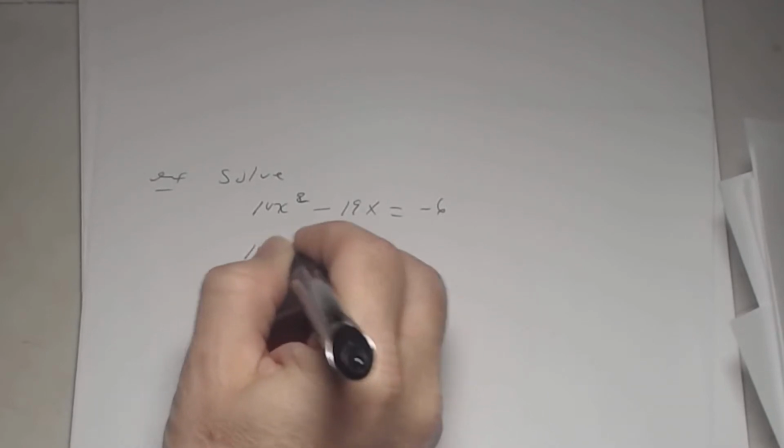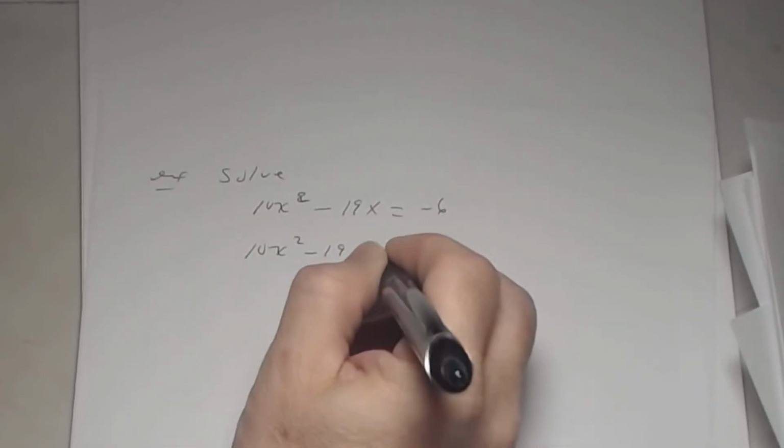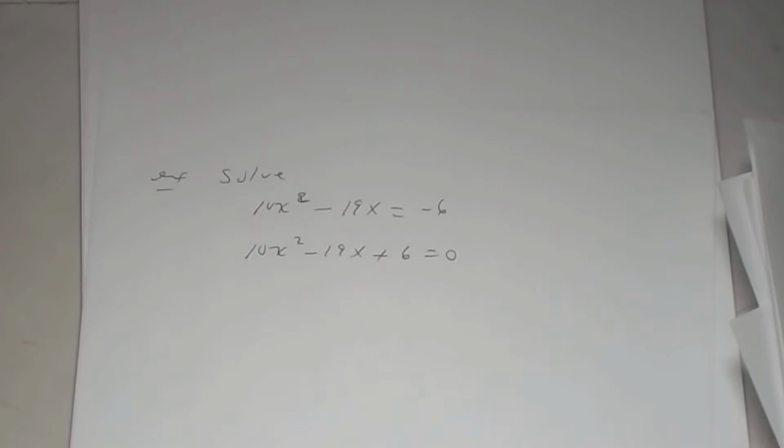You have to add 6 to both sides. Before you even factor or use the quadratic formula, it has to be written in what form? Standard form. So I bring that -6 over: 10x squared minus 19x plus 6, in descending order, equals 0. Now we're using the quadratic formula.